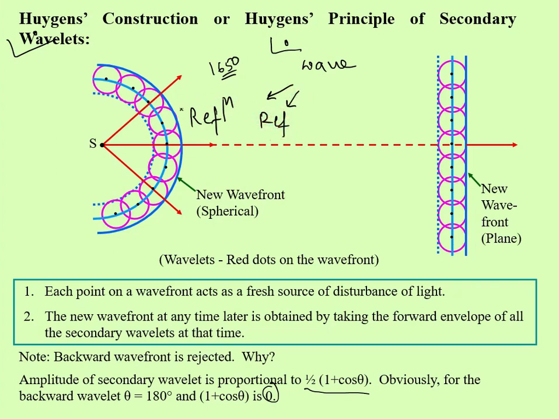These are very well explained by ray theory, but ray theory had its own limitations. It could not explain interference, diffraction, polarization. However, wave theory explains all phenomena: reflection, refraction, interference of light, diffraction of light, polarization of light. So that's why this wave theory is widely accepted and it was found superior.